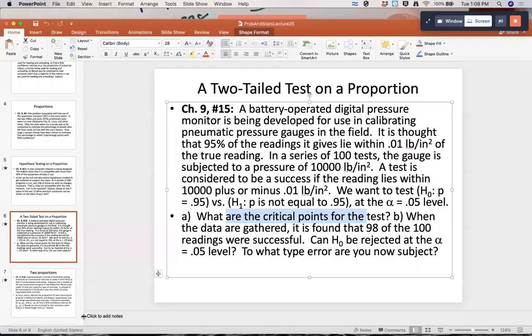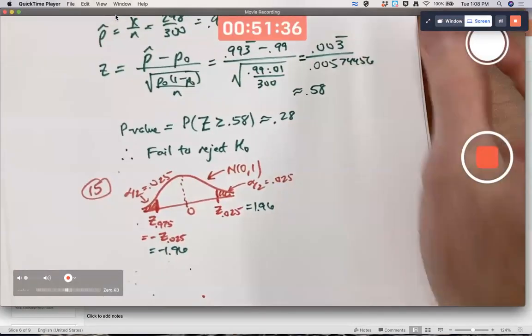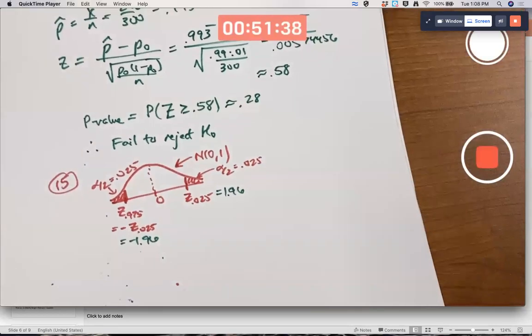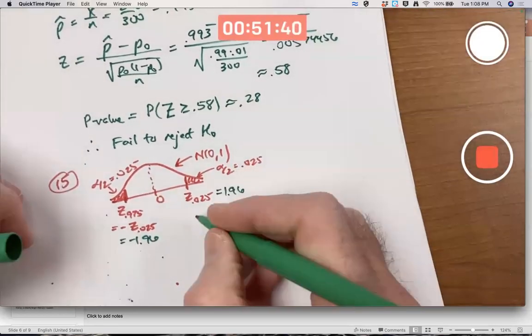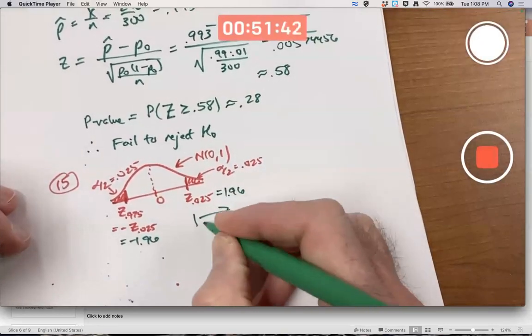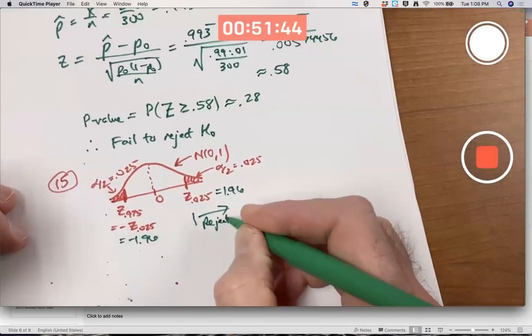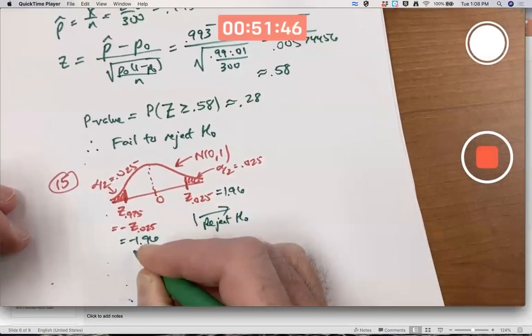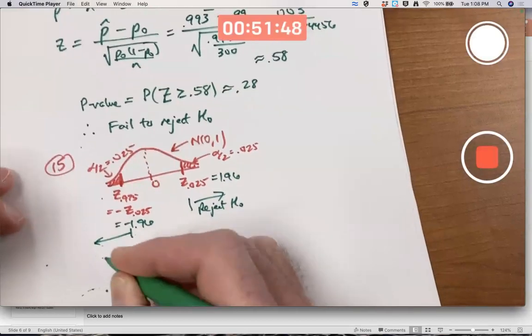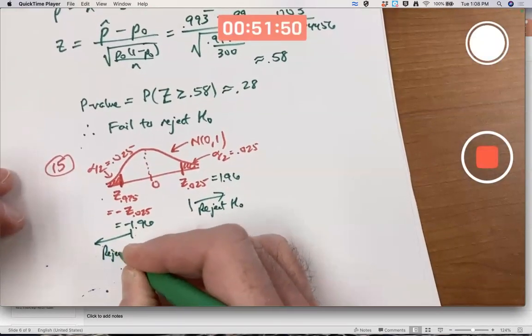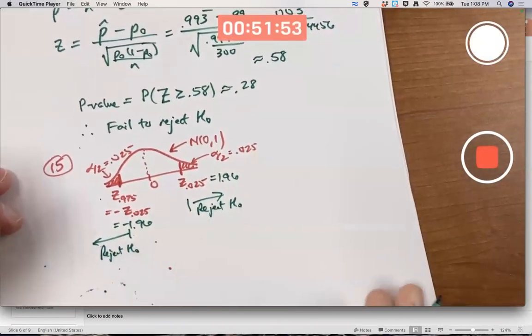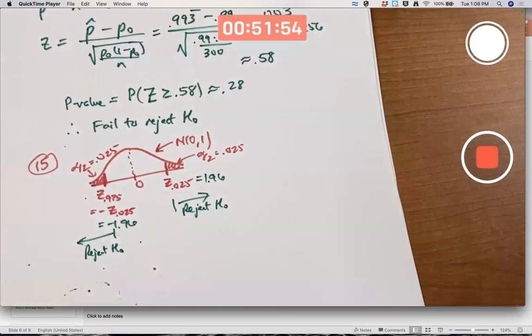Critical points for the test. Those are the two answers. 1.96 and negative 1.96. As far as the rejection region goes, or critical region, it's to the right of positive 1.96 and to the left of negative 1.96. You get a test statistic in one of those two ranges, then you're going to reject the null.